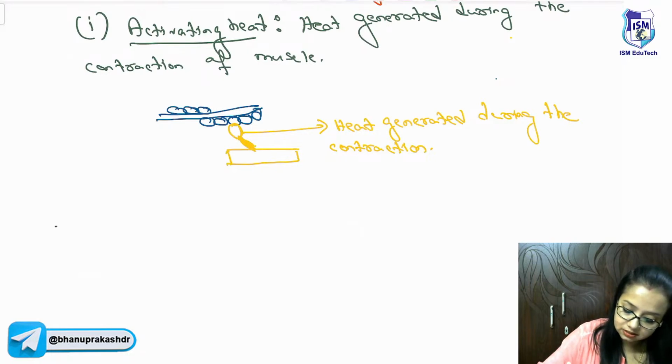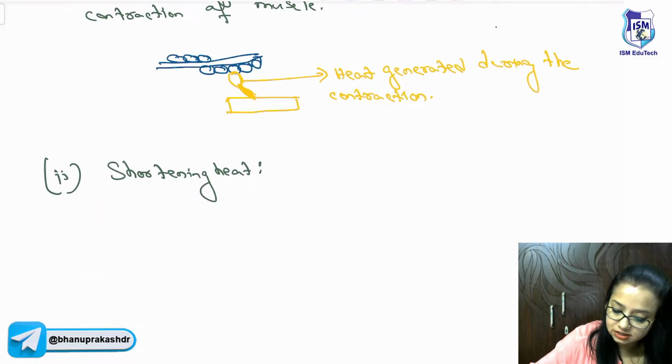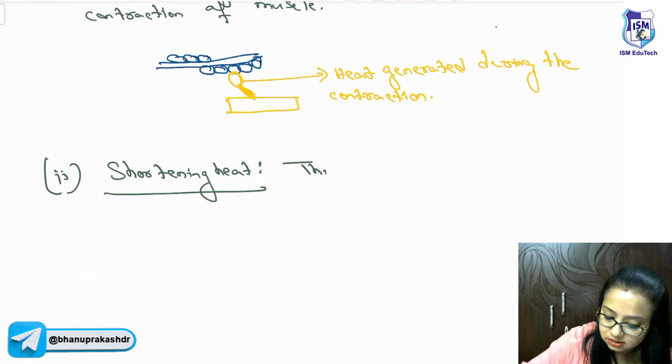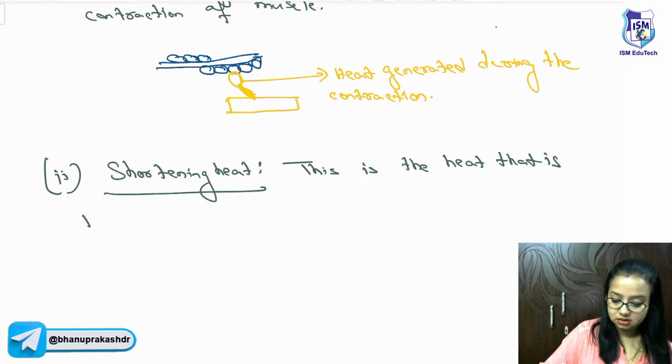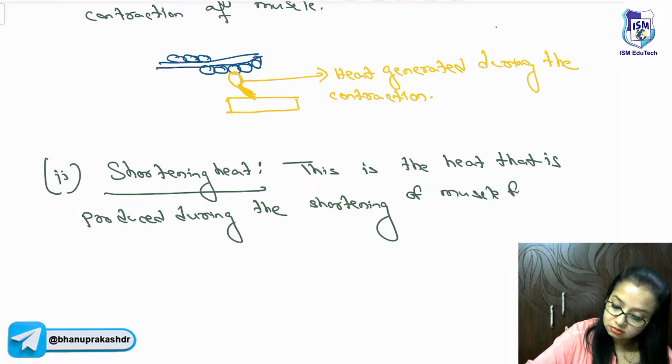Second is the shortening heat. What is the shortening heat? This is the heat that is produced during the shortening of muscle fiber.